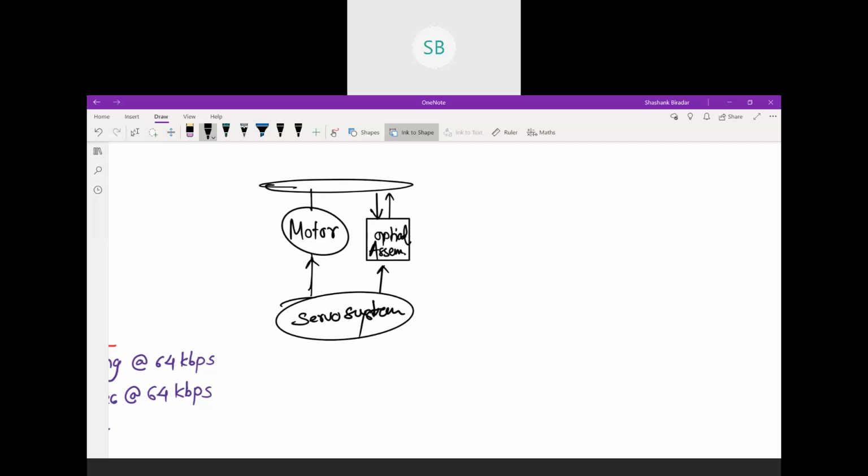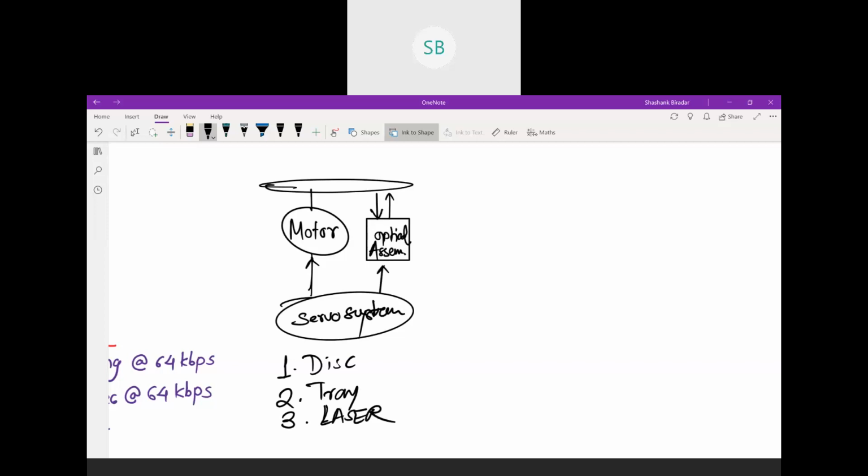So how many motors do you require? The first is to rotate the disk, then one for the tray, and the third for the lens or laser.